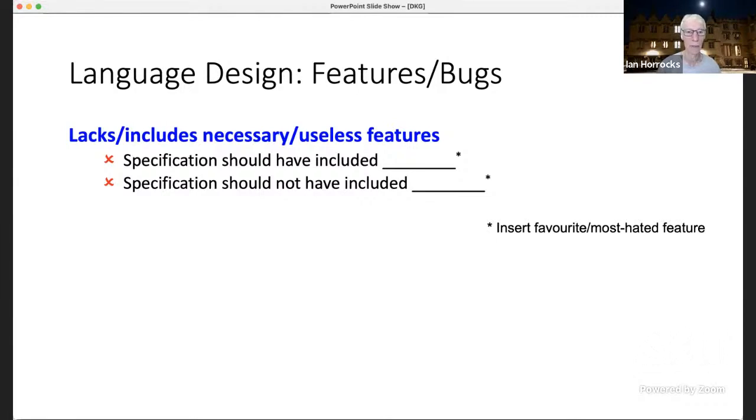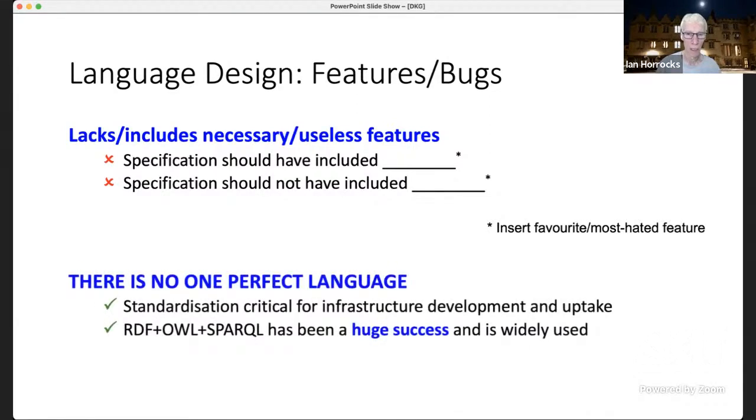So if you get more than two people in a room, you can no doubt have a discussion, oblique argument about which features should have been in and are not in, and which features should have been excluded and are in.